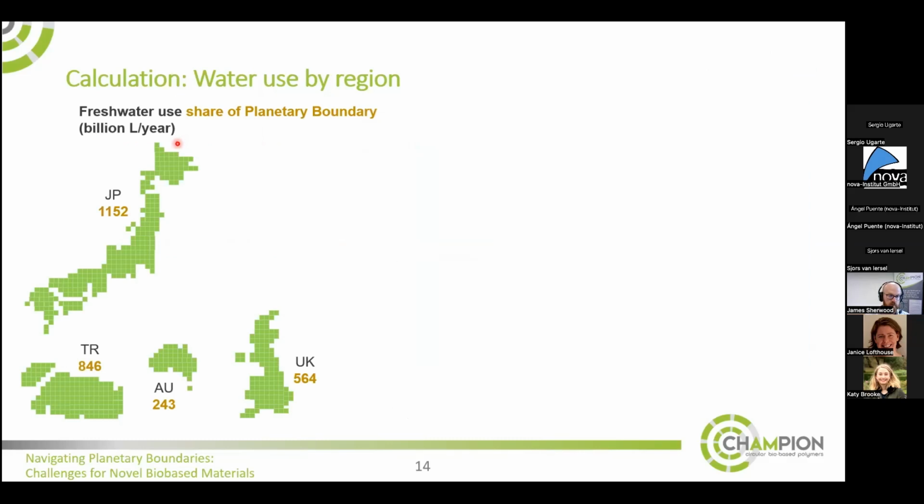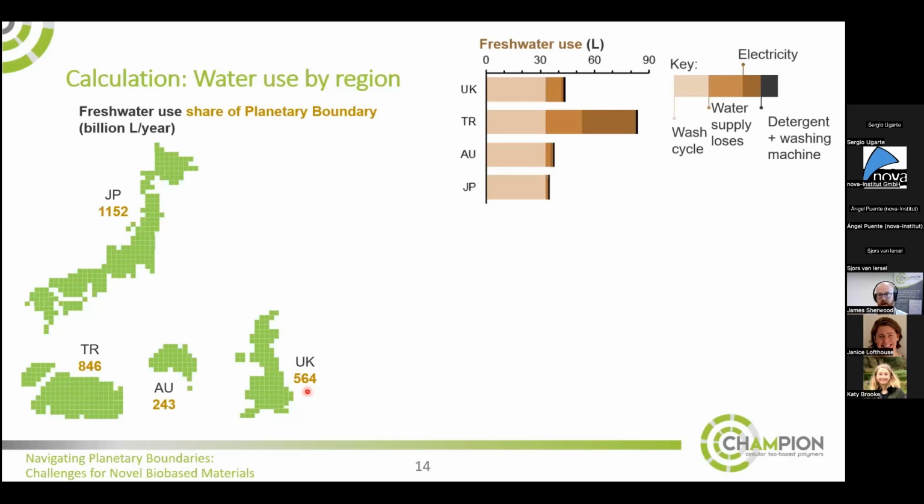Now, what I found quite interesting was the comparison between countries. Here are four regions: Japan, Turkey, Australia, and the UK. These numbers are their share of the planetary boundary just for their region's laundry water needs. Again, here's the UK value we saw earlier. The other countries are calculated in the same way. The actual freshwater use varies according to the washing machine, but here we're using the standard water efficient model, 33 litres, and added to that we have the water leaks, which are the lighter brown colour here.